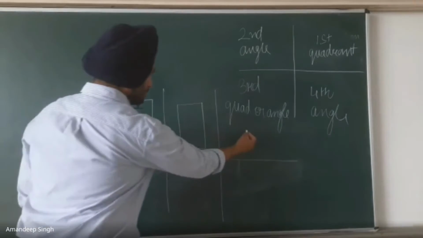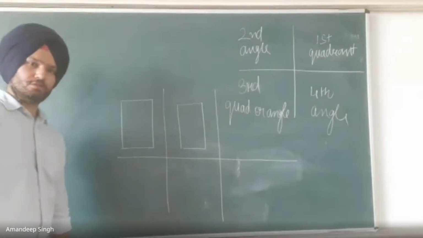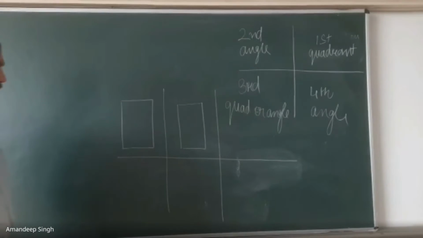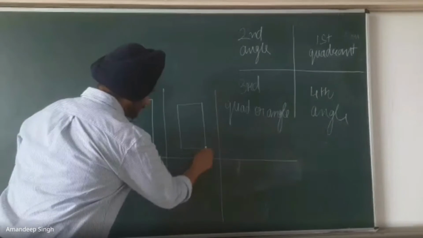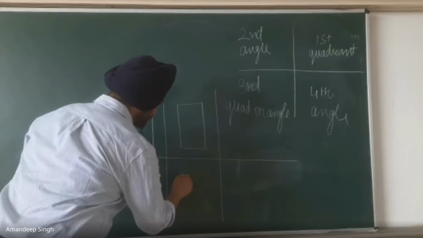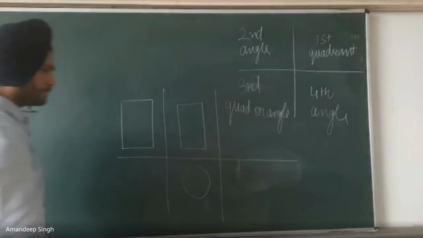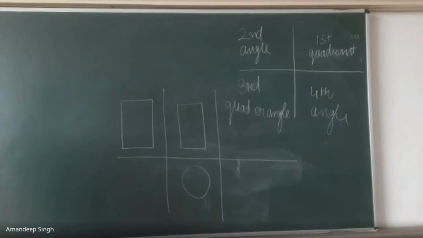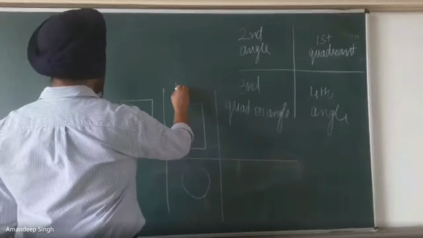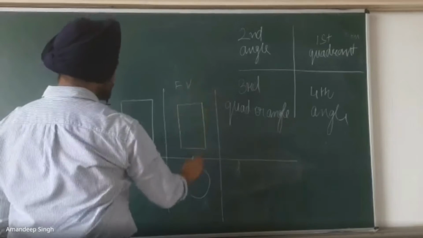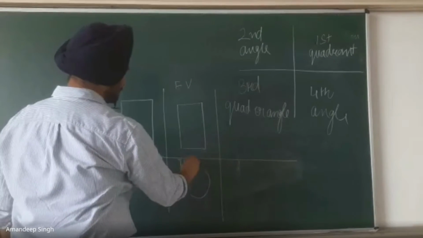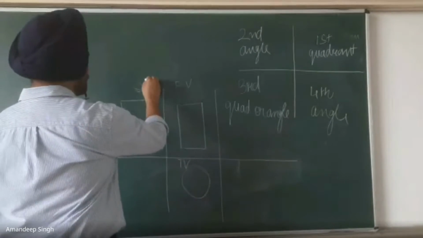Again, this side view is a rectangle. The top view of the cylinder comes right after making the projection lines, and it is a circle. This is the front elevation or front view. This is the top elevation or top view. This is the side view, and we can have a side view here.